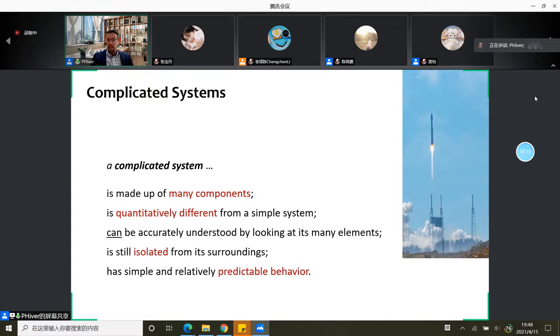Well, like the rocket, complicated systems are made up of many components. Many components means these are quantitatively different from simple systems. But still, looking at these systems, we can still understand them by looking at their components. So if we were to break up the rocket into its parts and study its parts, we would understand the rocket's behavior. And so we're back to simple and relatively predictable behavior.